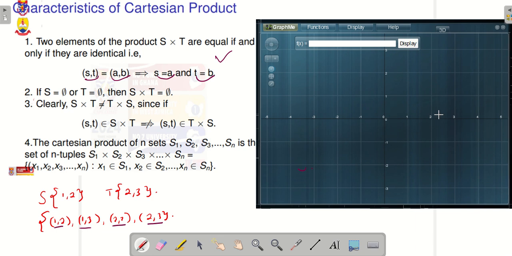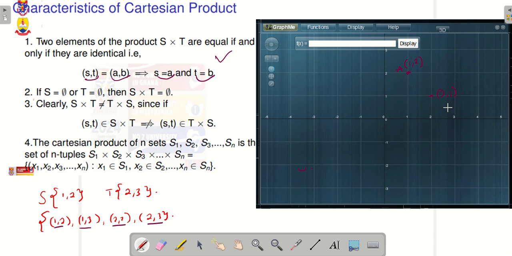If I pick any point, for example (2, 1), and I plot it, (2, 1) is not the same as (1, 2). You can see that this one is (1, 2), and this one is (2, 1).